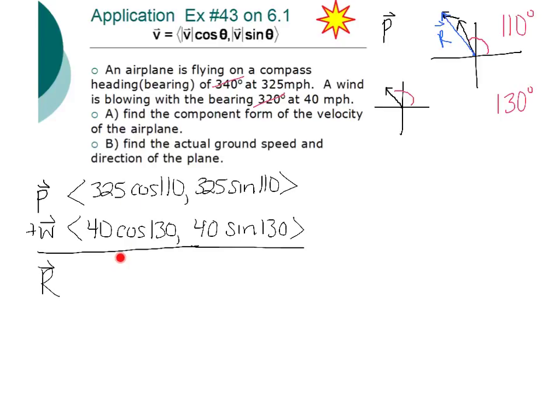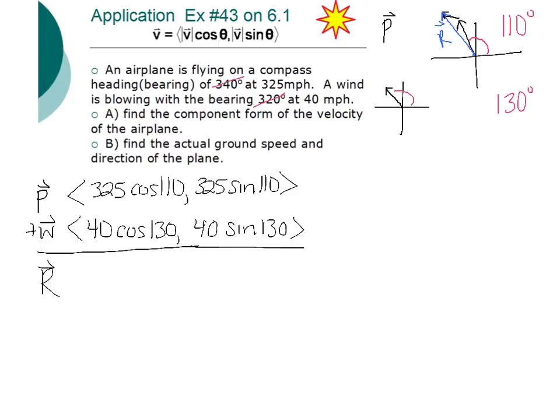You add your horizontal components, you add your vertical components. In my calculator I'm taking 325 times the cosine of 110, and press enter, and I'm going to add to that 40 times the cosine of 130.